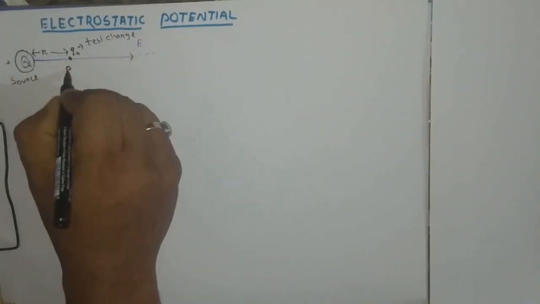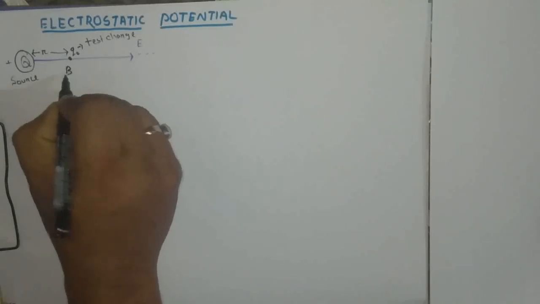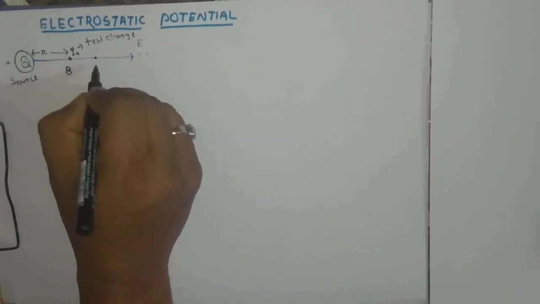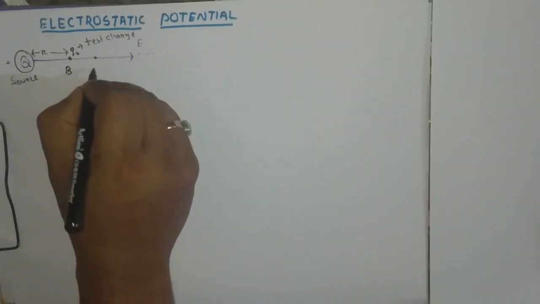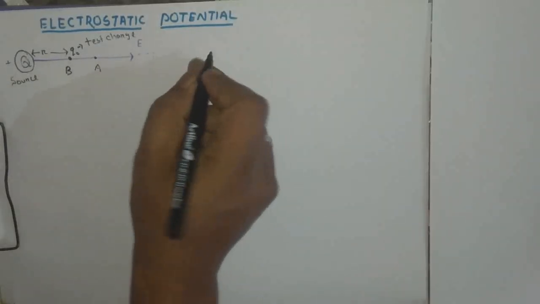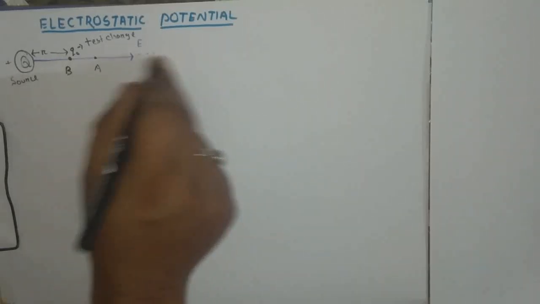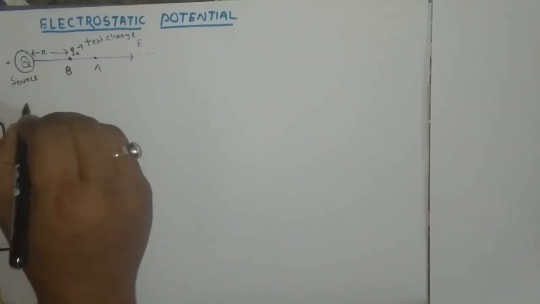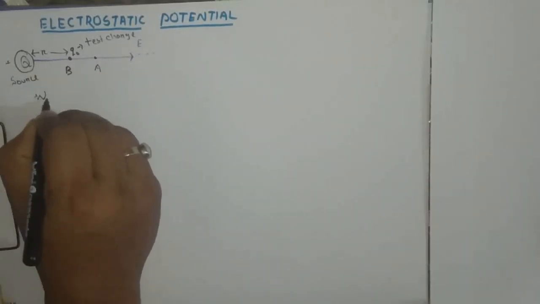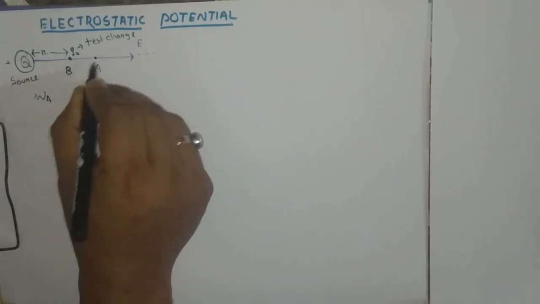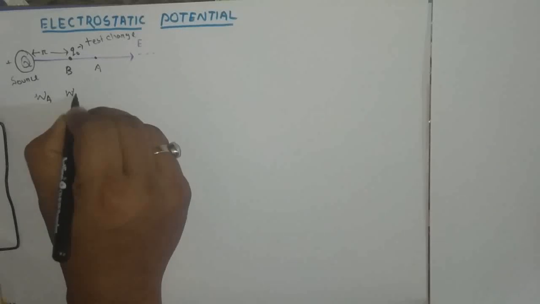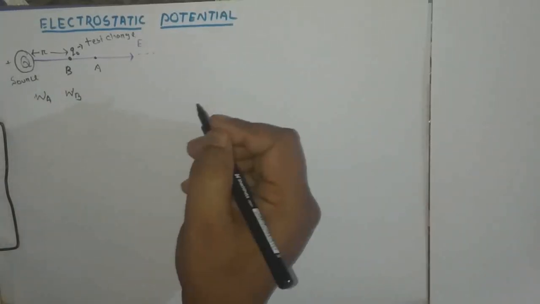Suppose this point is B, this point is A. Now my question is, sir, what is the potential energy at the point A? What is the potential energy at the point B? Let us write it. Suppose WA is my potential energy at point A. WB is the potential energy at point B.